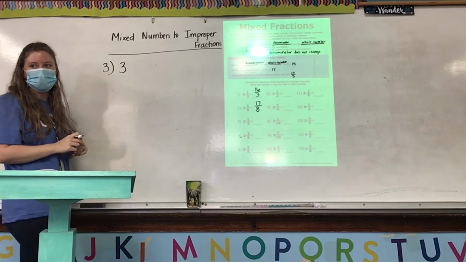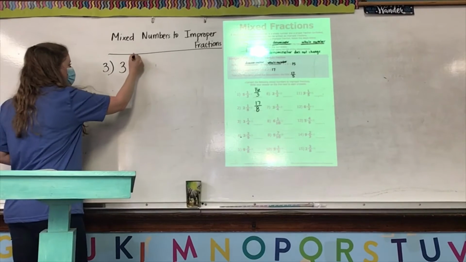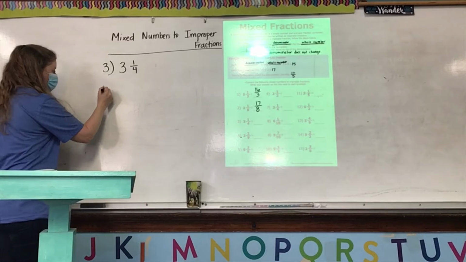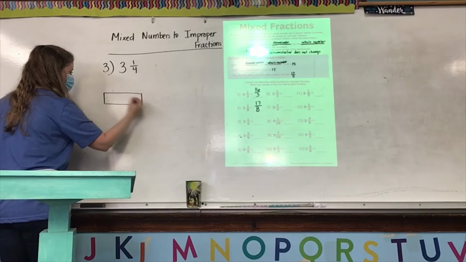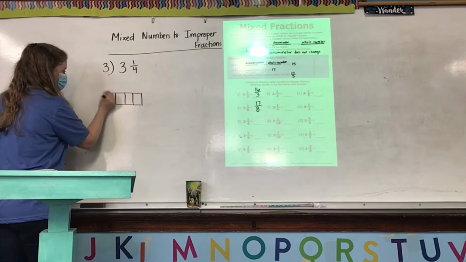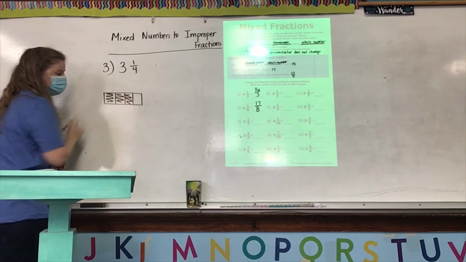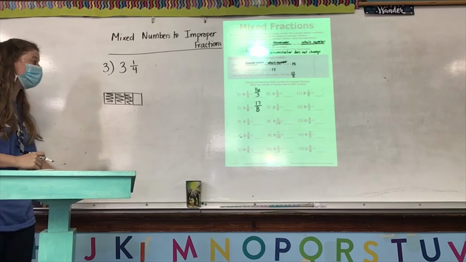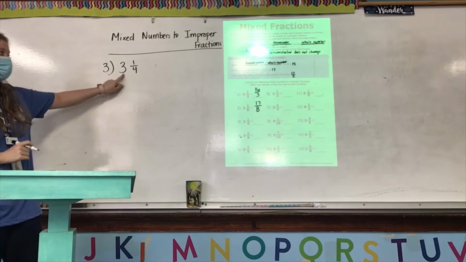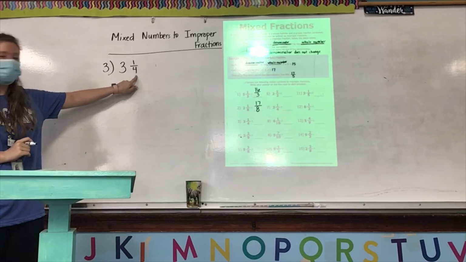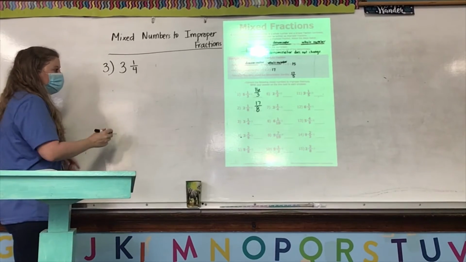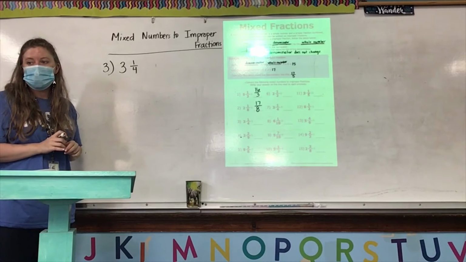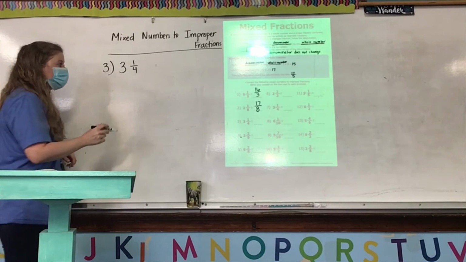Is that how we say mixed numbers? 3 and 1/4. 3 1/4 means whole number 3, fraction 1/4. Okay, so step 1, Colin. Start with the denominator. Which is? 4.